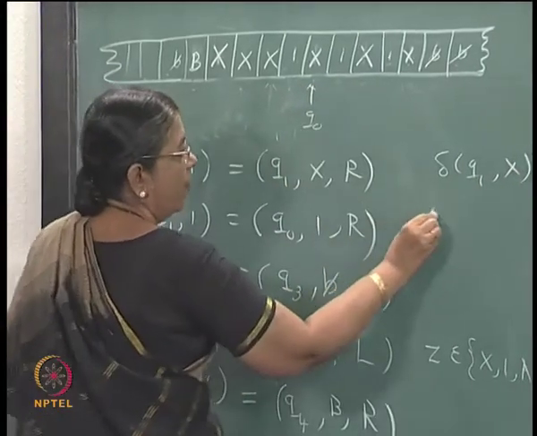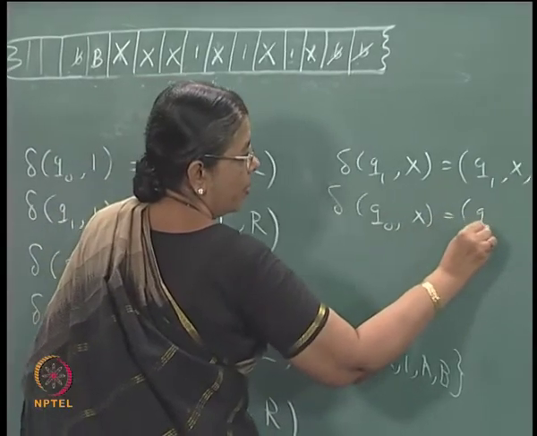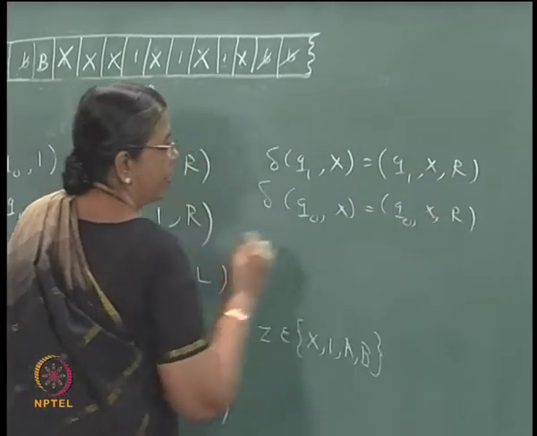In Q naught, if it sees an x also, Q naught x is Q naught x R, it will just move right.